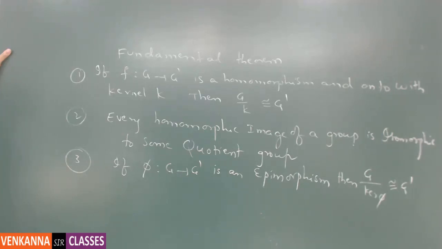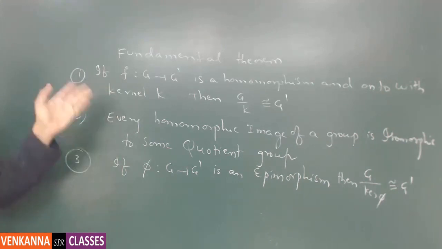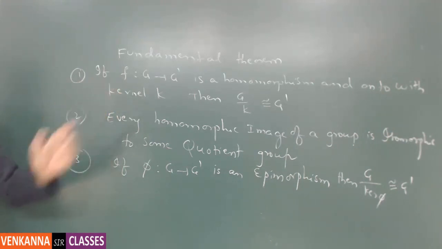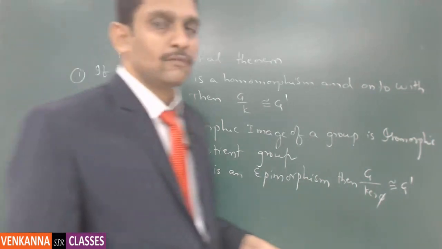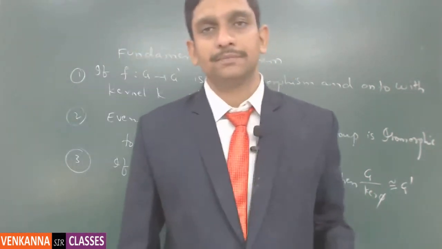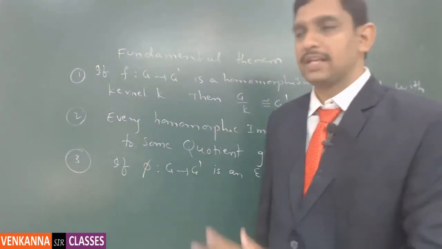Different authors use the terminology differently, but these are the types of statements available for the fundamental theorem of homomorphism on groups. You can take any variety of them, but they have an equivalent feature in the proof style.